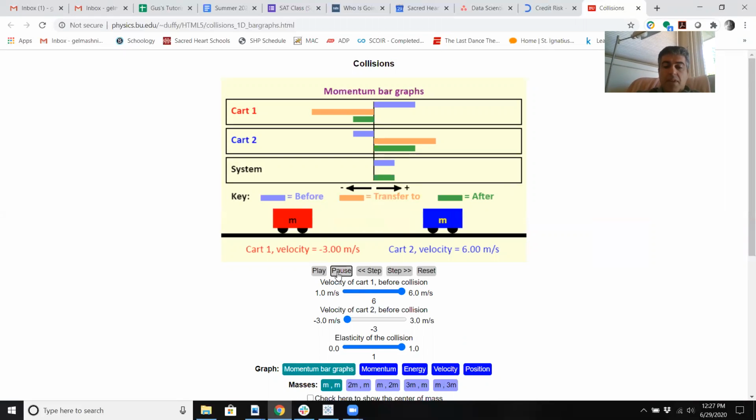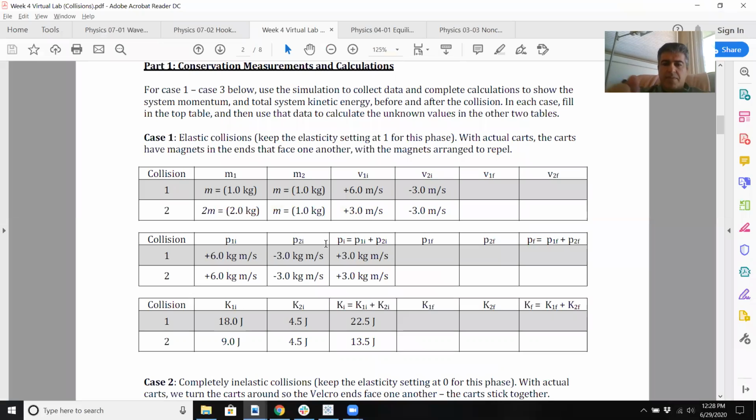So let me pause. So now we see that the velocity of cart 1 is -3. So you're going to put -3 right here. And the other is +6 meters per second. So now I can calculate the final momentum of the first cart, which of course is going to be its mass times its final velocity.